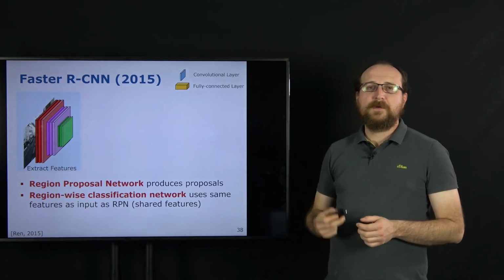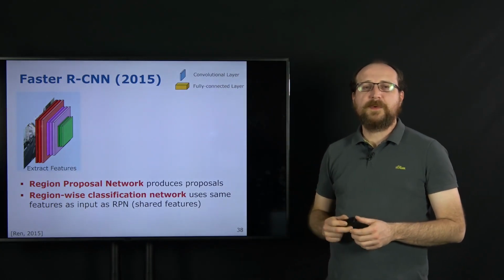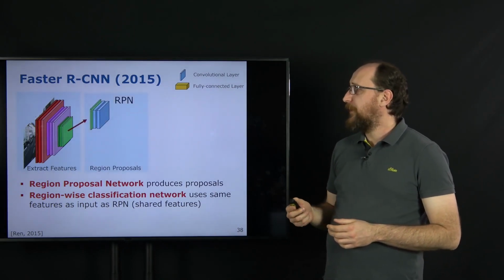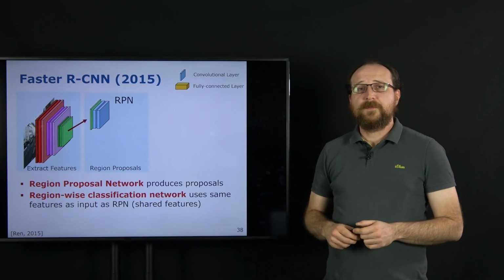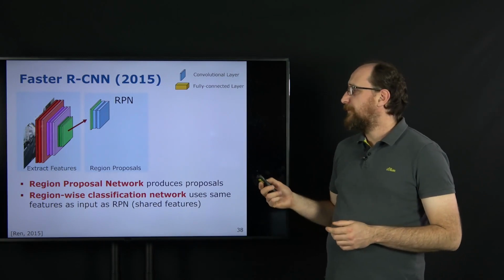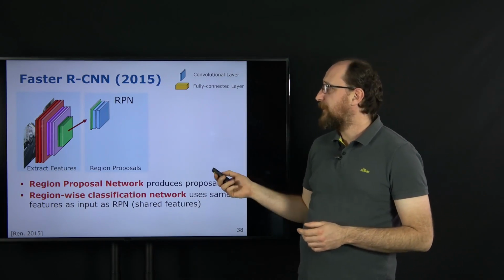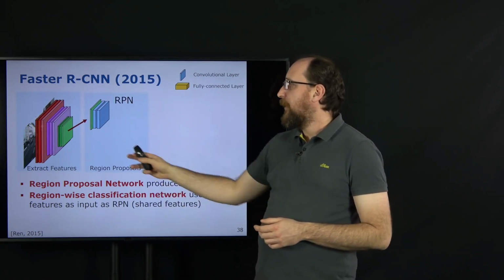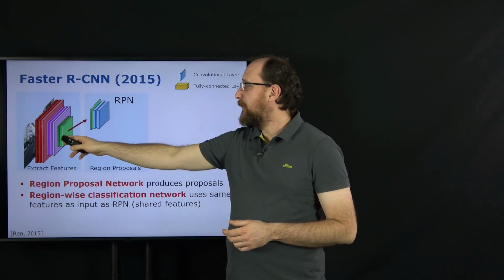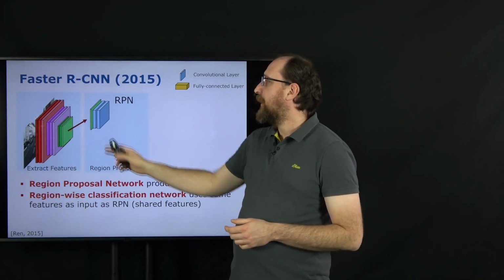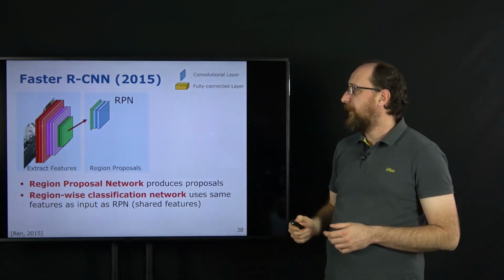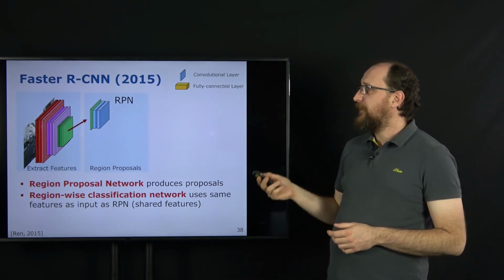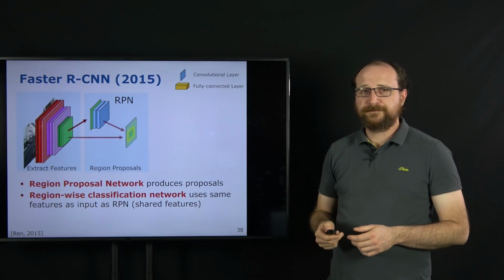To make it an object detection approach, because it's a two-stage approach, we now need some region proposals. For this, the Faster RCNN approach used the so-called region proposal network, which takes the last feature map and produces from it anchor locations, or ranks anchors based on the objectness, and then produces proposals.